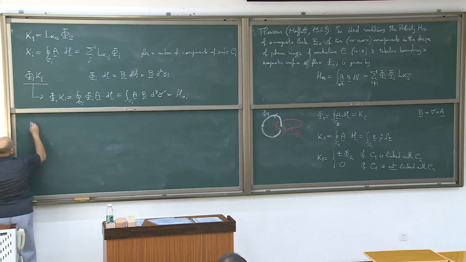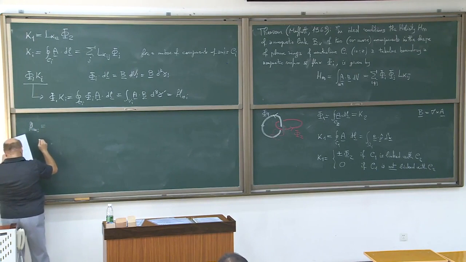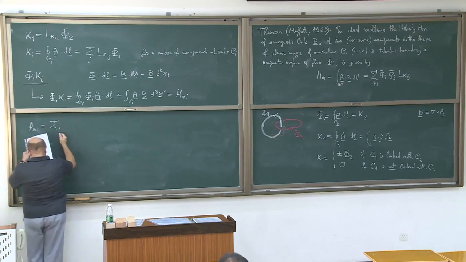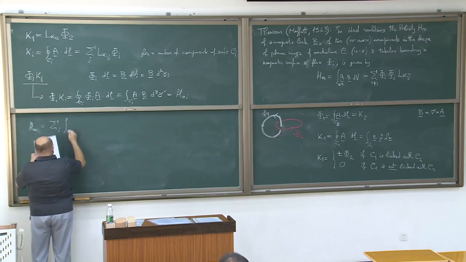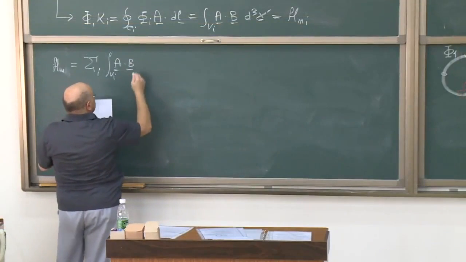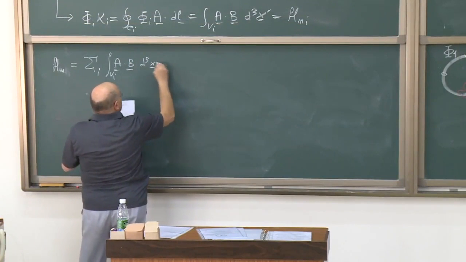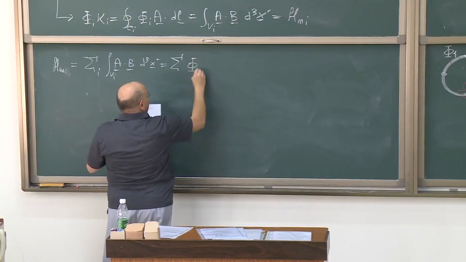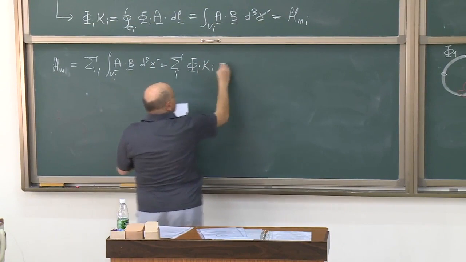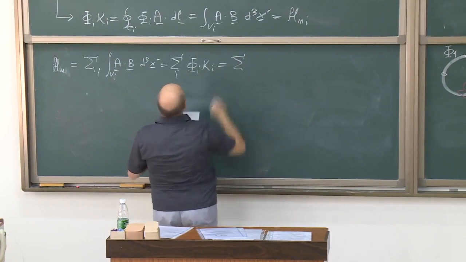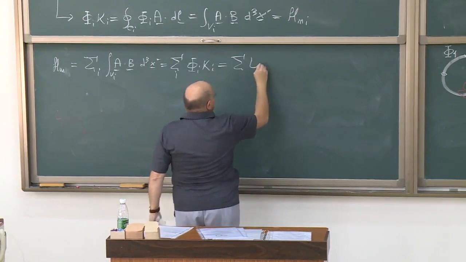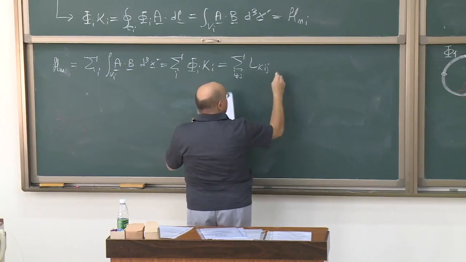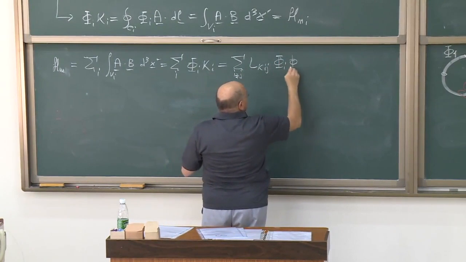I sum up on all the tubes, and I have the summation over I of the integral over Vi of A dot B d3x, and this is just a summation over the phi I ki, and this is just a summation because we have an lk there, lkij, I different from j, over the whole stuff, phi I phi j.